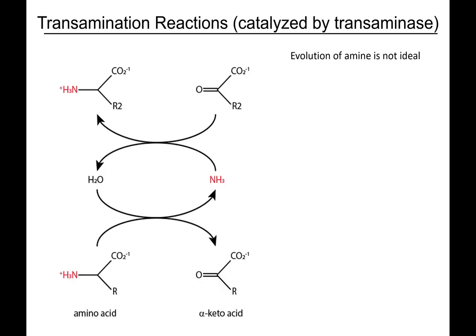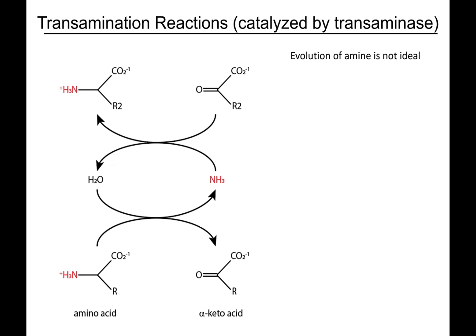The way this happens is it has to be catalyzed by an enzyme that will hold on to an amine. The reason for this is, if you were thinking about this just happening in the environment, it would have to go through a process where a free amine is produced.